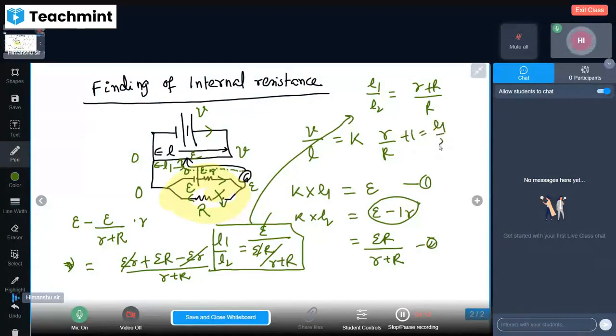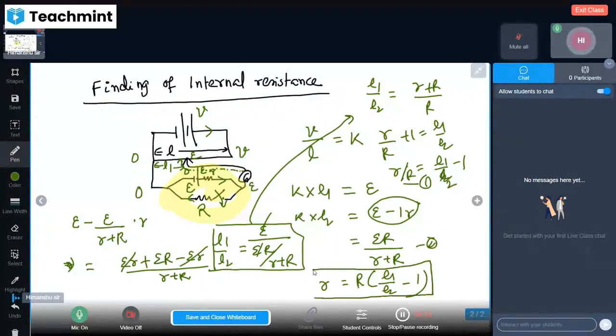So r by R equals L1 by L2 minus 1. So small r is equal to capital R into L1 by L2 minus 1. This is the formula for internal resistance.